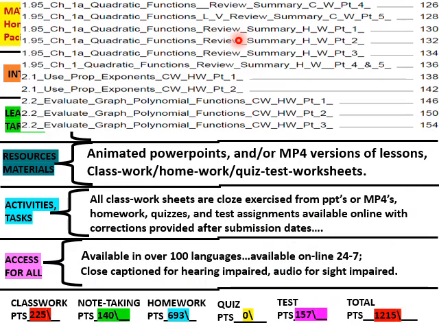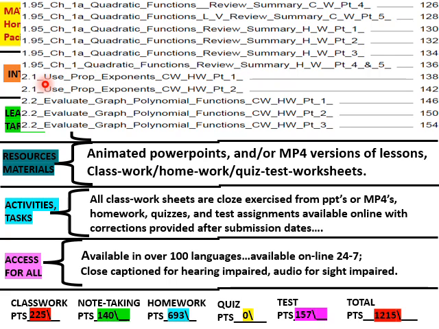Here it is. So it's 1.95, Chapter 1A, Quadratic Functions, Review and Summary, Classwork Part 4 and Part 5. And then we go on to Quadratic Functions, Review and Summary, Homework Parts 1, 2, 3, 4, and 5. And then we do our test after the review and summaries.